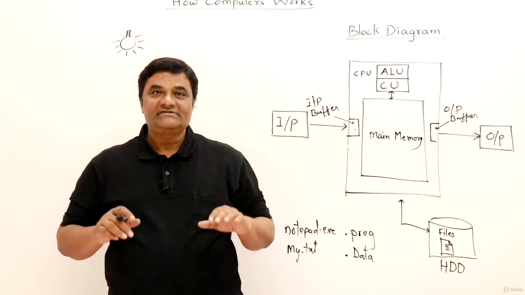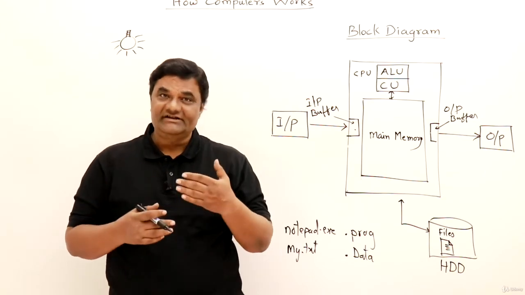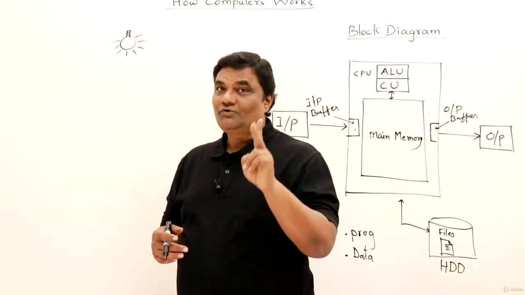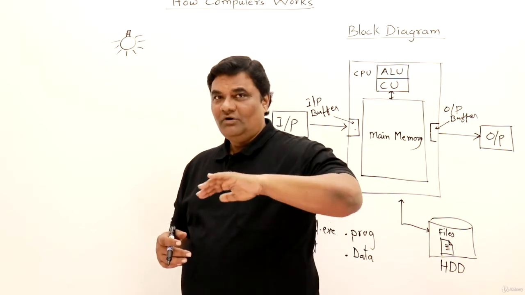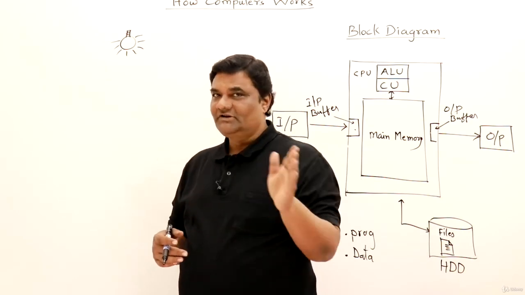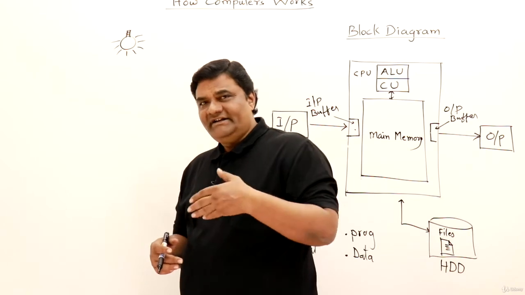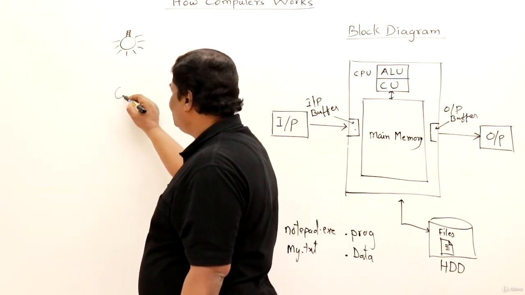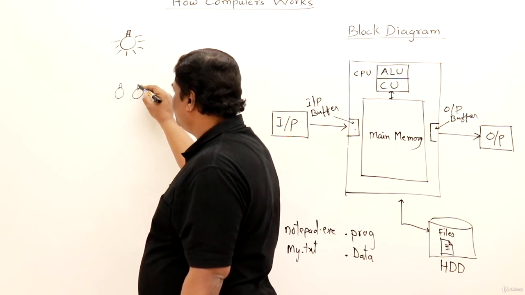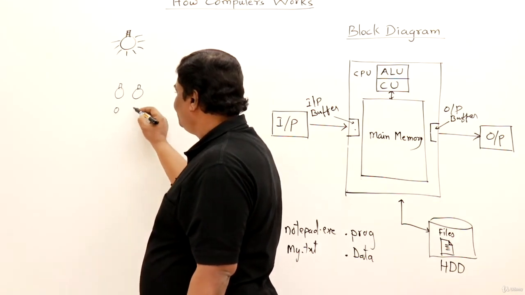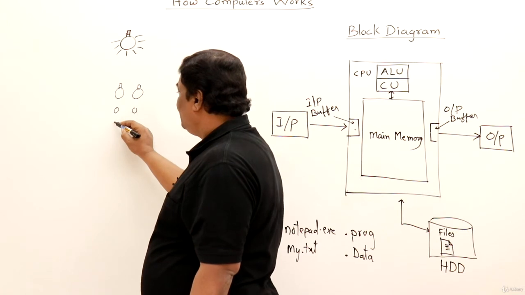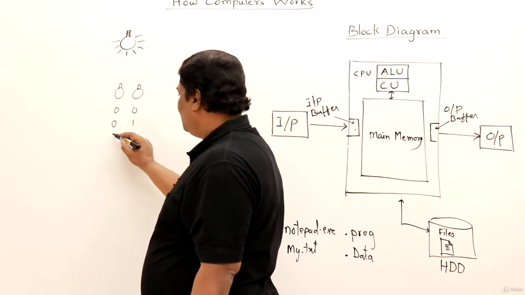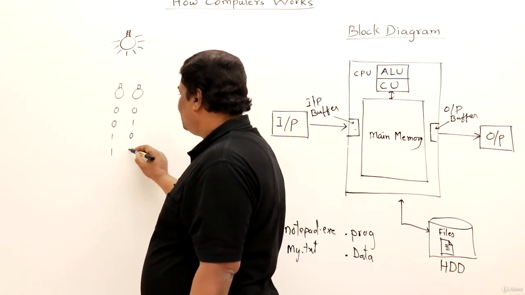Using these voltages, we can make some communication. So one bulb can give you two messages: go or stop, shop open or closed. If you increase the bulbs, let us take two bulbs. What are the possible combinations? Both bulbs are off, or this bulb is on, or this bulb is on, or both are on.